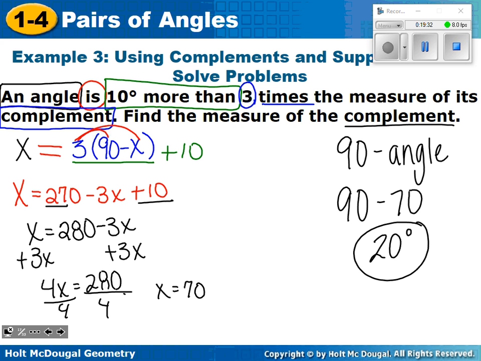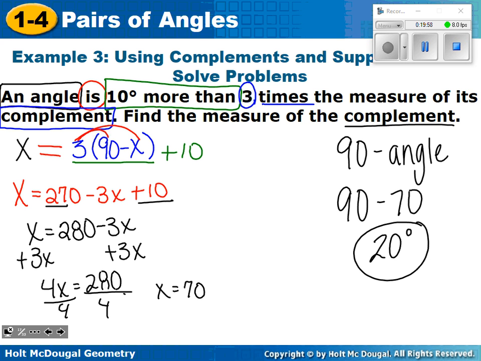If I think about what they're telling me, I have an angle that is 10 degrees more than 3 times the complement. So do we know what the complement is? Pretend we don't. So you would say, no, we don't know what the complement is. So what do we want to call the complement if we don't know what it is? X. The angle is 10 degrees more than 3 times the complement.